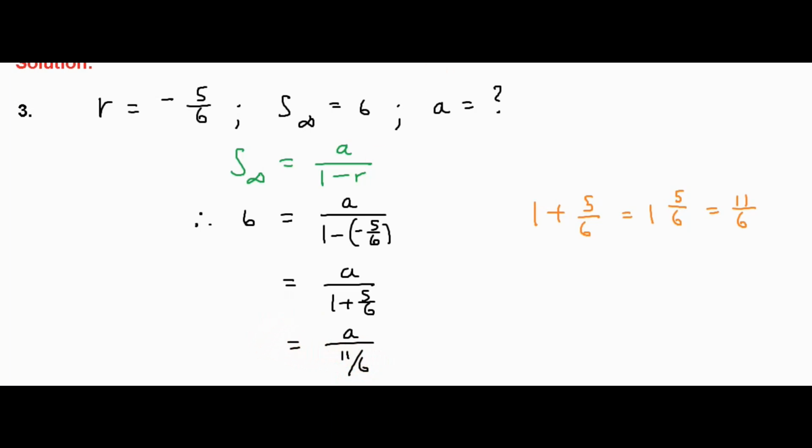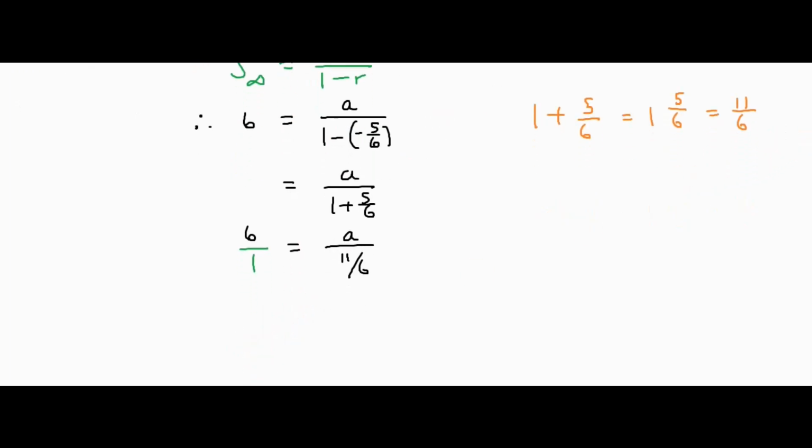On the left hand side we have 6, which is the same as 6 over 1. And we cross multiply. So A times 1 is A. And 6 times 11 over 6 is 11. So the first term then of this infinite geometric series will be 11.